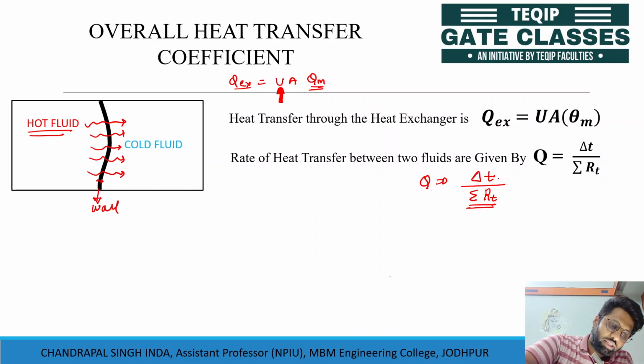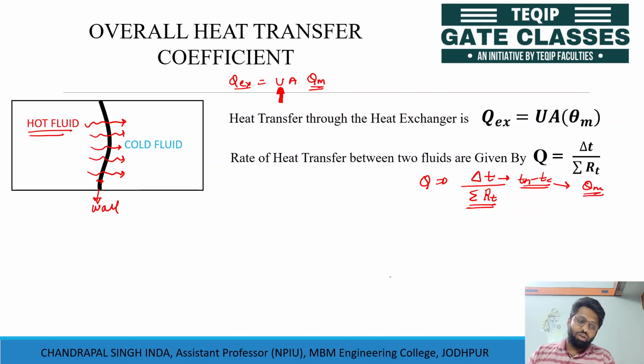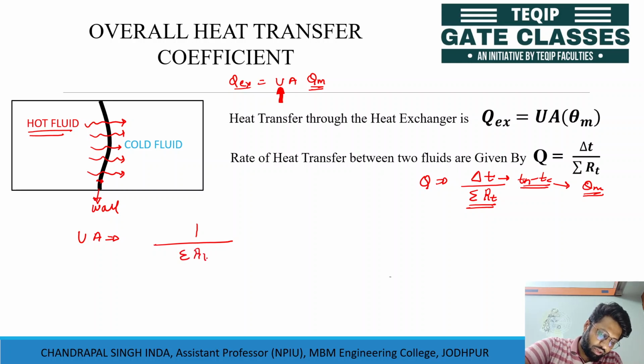This delta t is Th minus Tc, which will be equal to theta m for an instance. So here we will have that U A will be equal to 1 by the summation of R t.